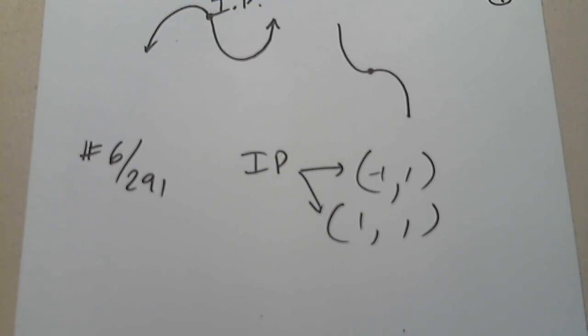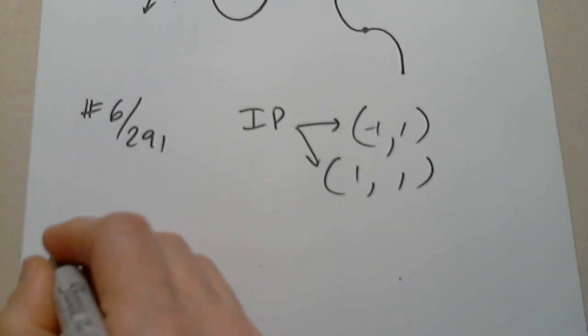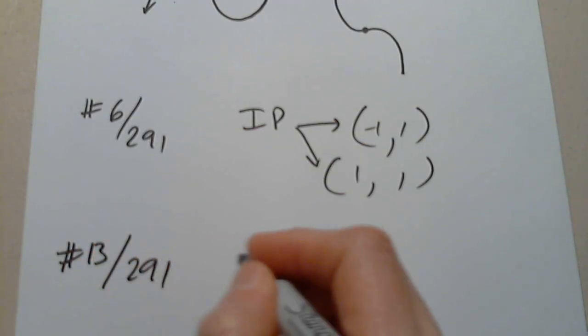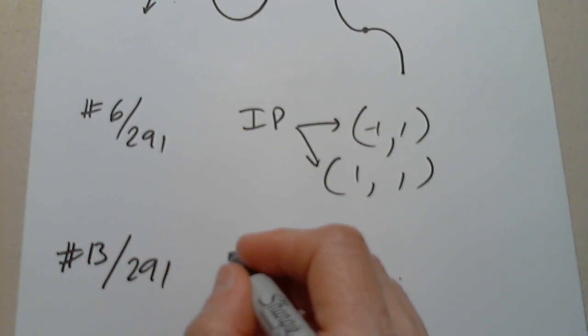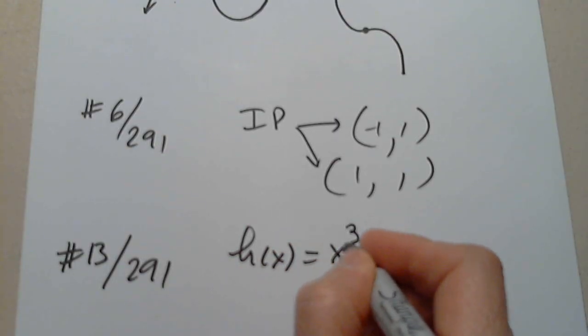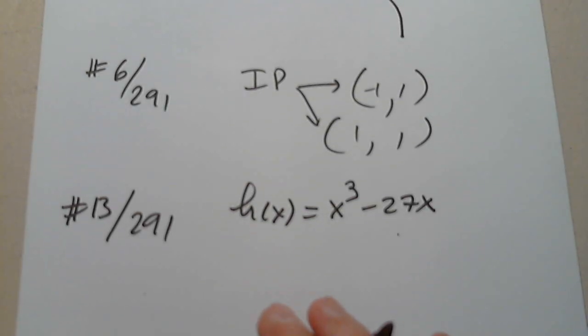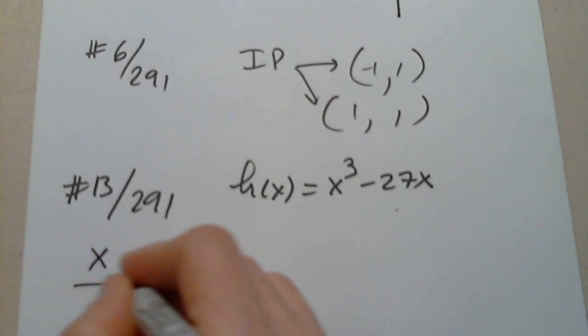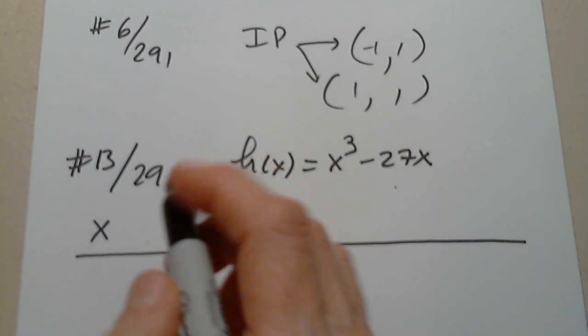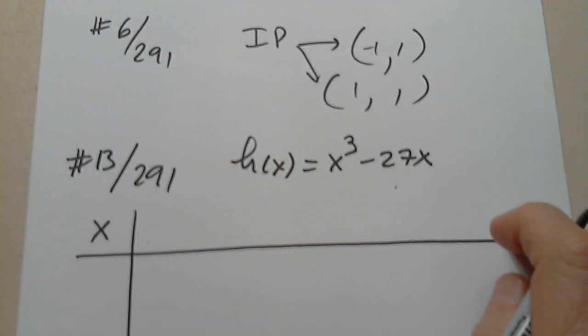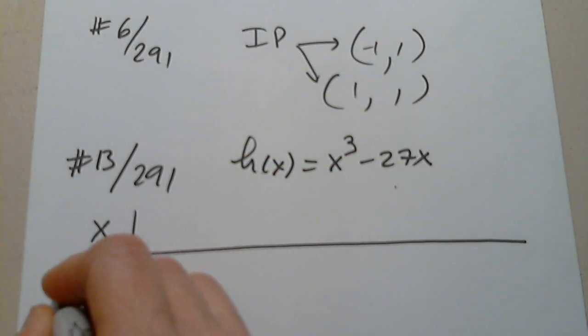Allow me to choose the first one and then you choose the second one. Let's say 13. Number 13 on page 291, and this is h of x equals x to the third minus 27x. So the question is asking us to find everything and then graph it. I get my table going right away. Look at the table, please. x is the variable in the problem. Then I have f prime.